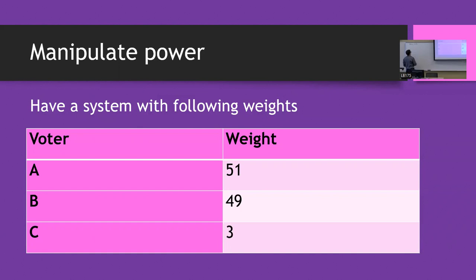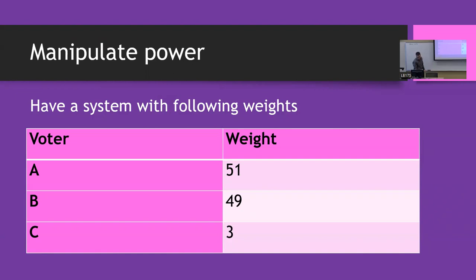But let's do some easy manipulation with this system. We have a system where A has 51 votes, B has 49 votes, and C has 3 votes. So that's 103 total votes.